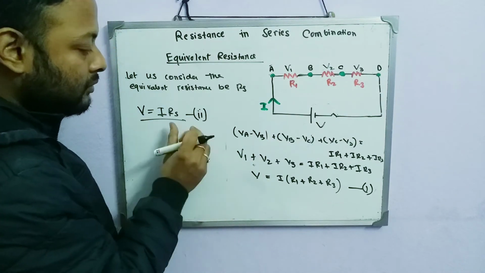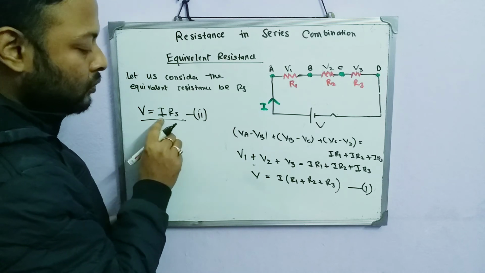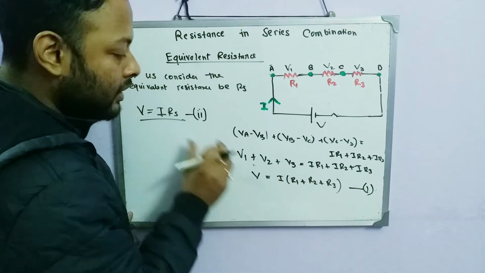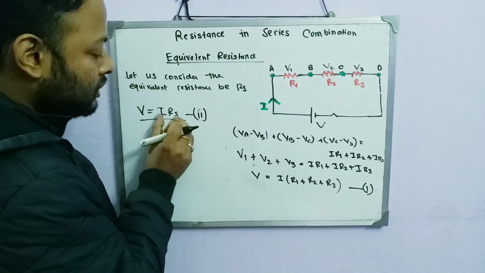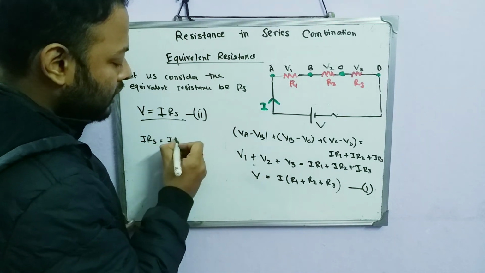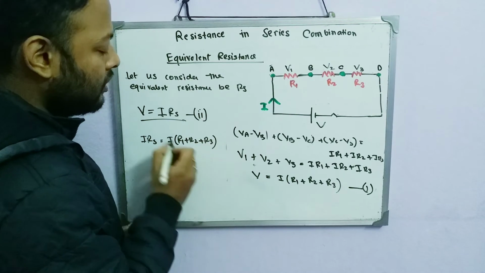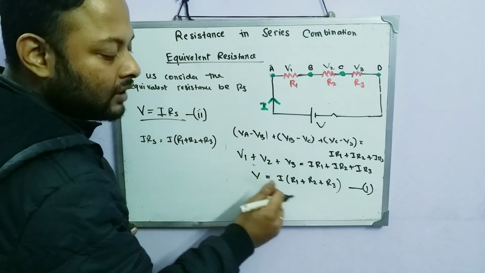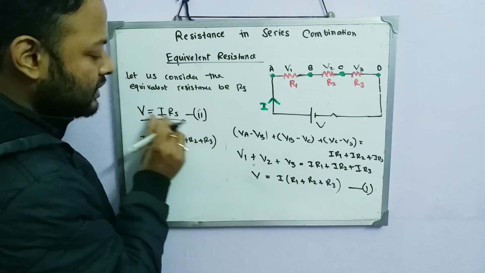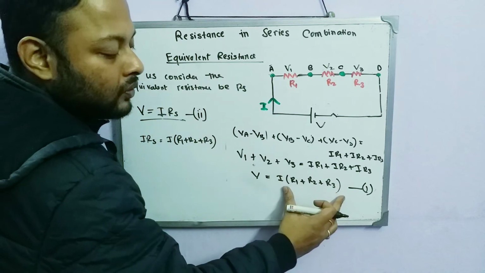Now if I combine equations 1 and 2, V is equal to I into Rs, and also V is equal to I into R1 plus R2 plus R3. If I compare these two, I into Rs is equal to I into R1 plus R2 plus R3, because both V's are equal. So this value becomes equal to this value.